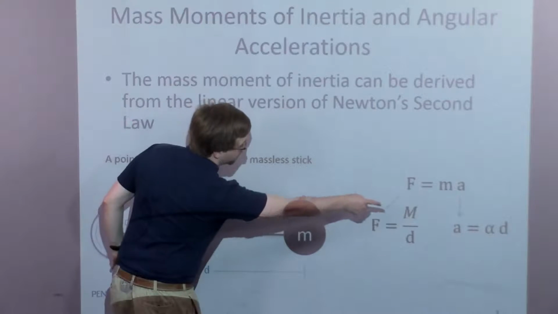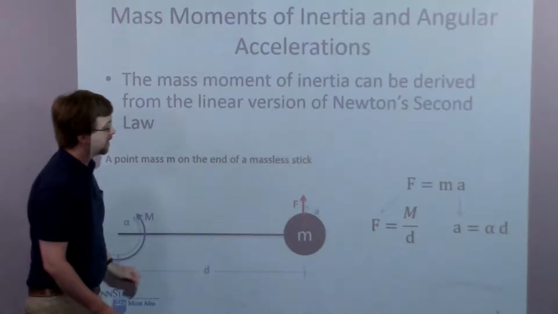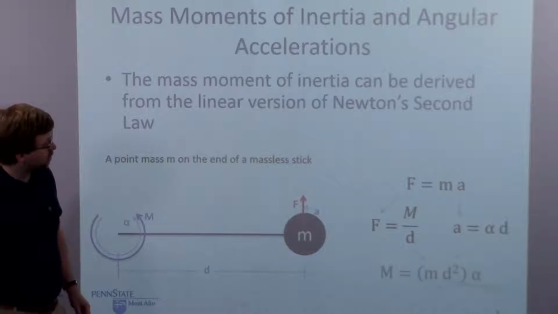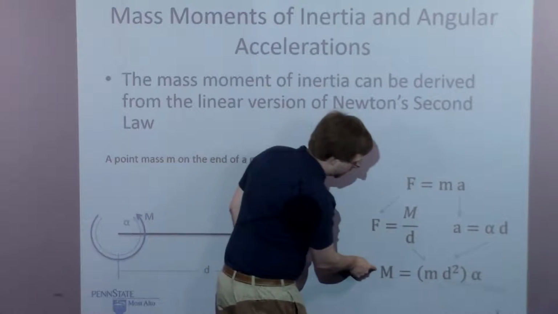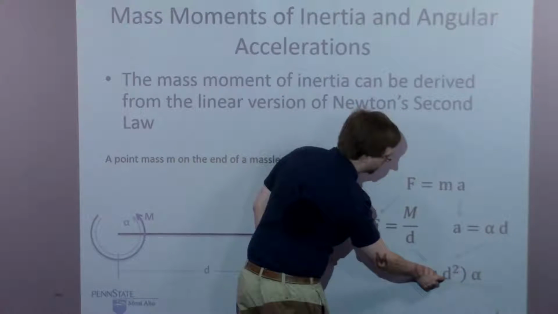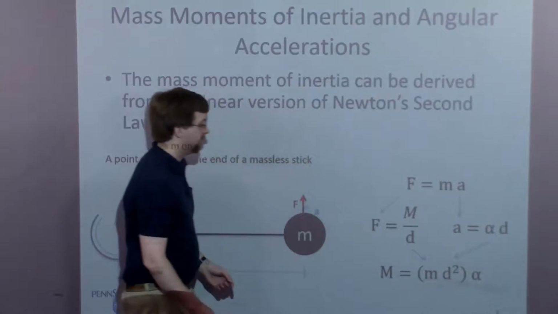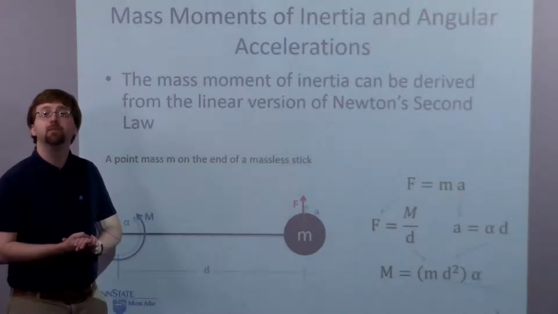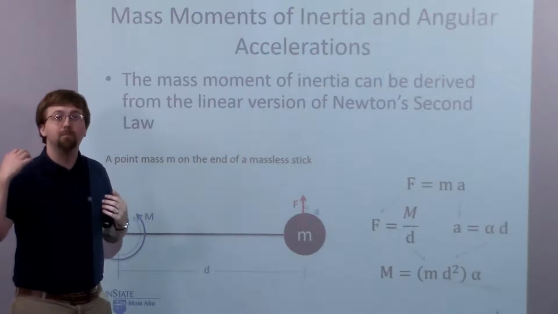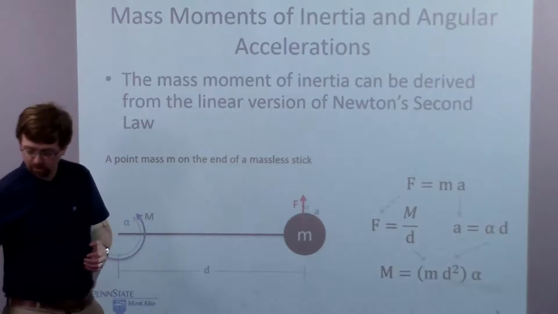And so if I substitute in that alpha times d, and rearrange the equation, I wind up with the moment is equal to m d squared times alpha. So that m d squared term is the basis for our mass moment of inertia.